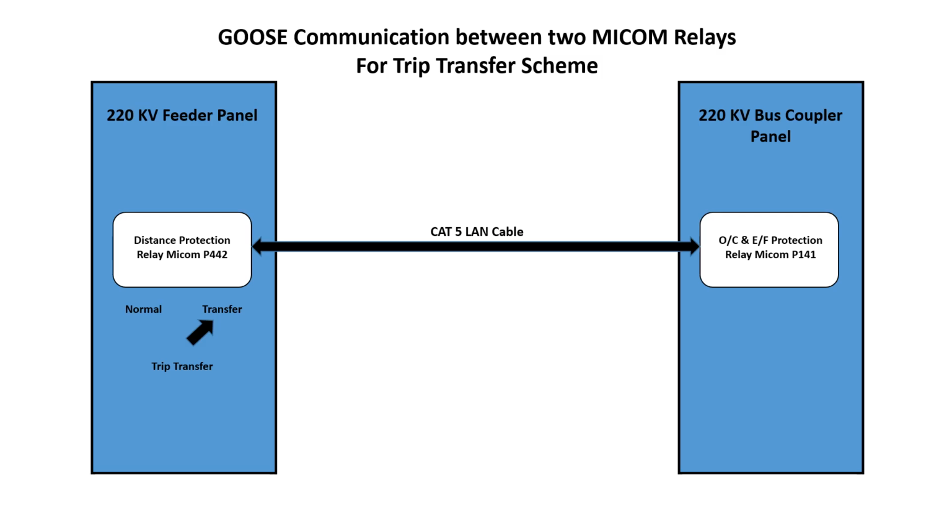Then all the soft digital signals will get transferred to the bus coupler panel overcurrent and earth fault relay, which will then operate the circuit breaker of the bus coupler accordingly, and will operate in the same way as an incoming breaker should operate.